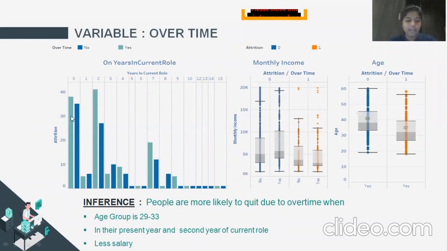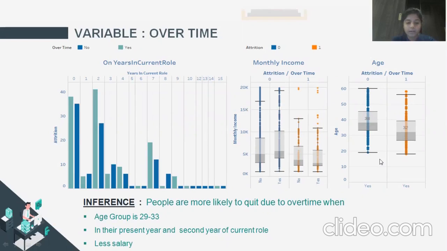In every year, employees quit their job due to overtime, which is more compared to the employees without overtime. This might be because people who work overtime get lower monthly income compared to people without overtime. And we can also say that employees who are staying get more monthly income, which likely does not affect the attrition rate.